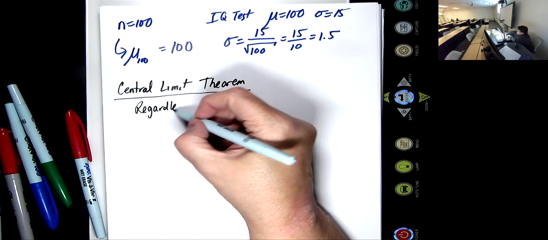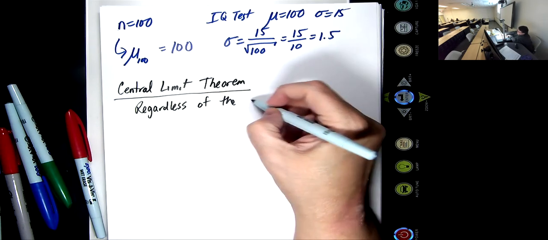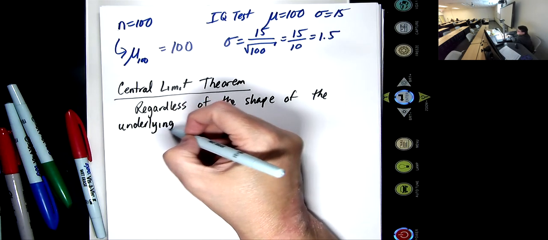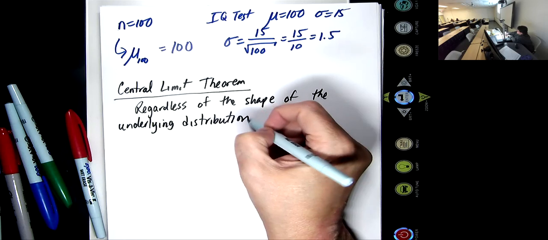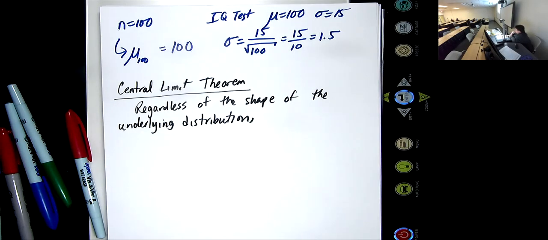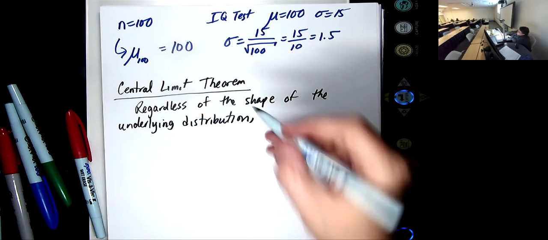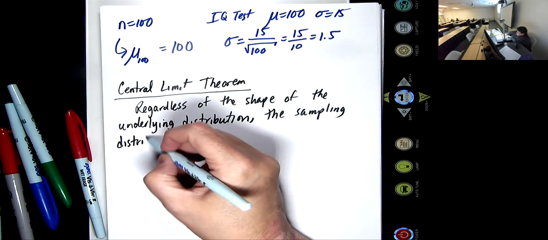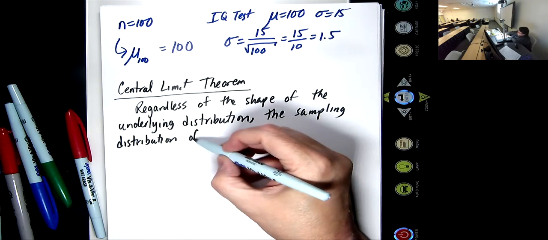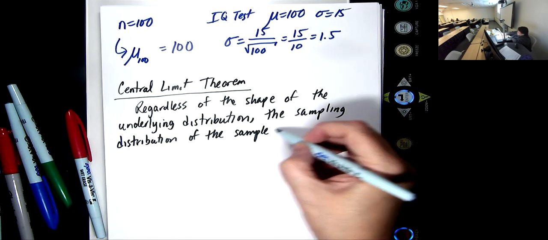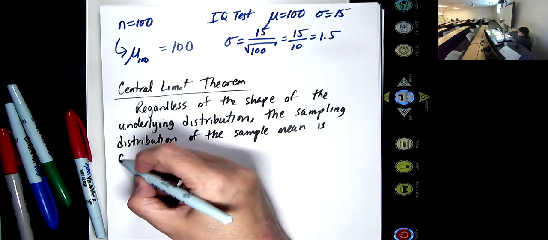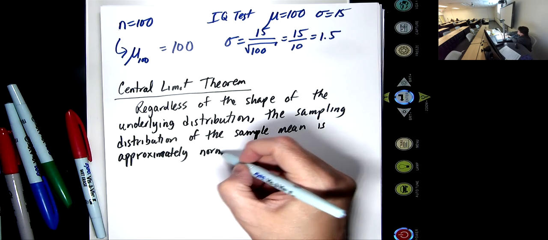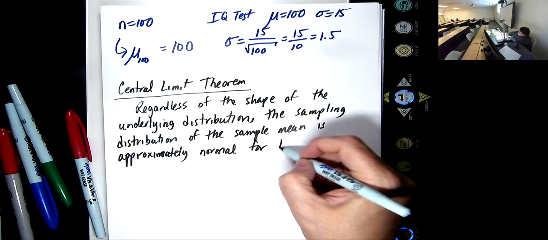Regardless of the shape of the underlying distribution, the sampling distribution of the sample mean is approximately normal for large enough n.